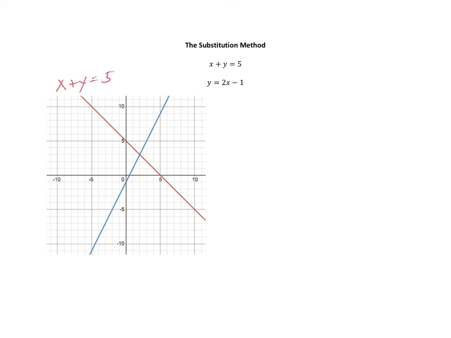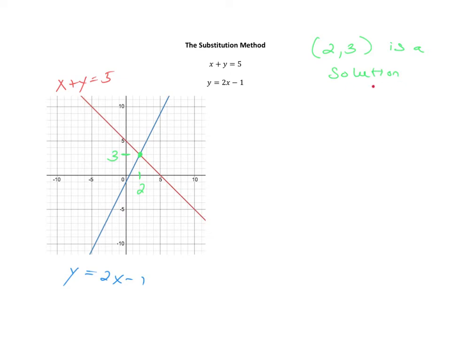And the equation in blue is y is equal to 2x minus 1. And one thing to notice on the graph is that they intersect. They meet right here. It has an x value of 2 and a y value of 3. And we saw in the last slide that the point (2, 3) is a solution.